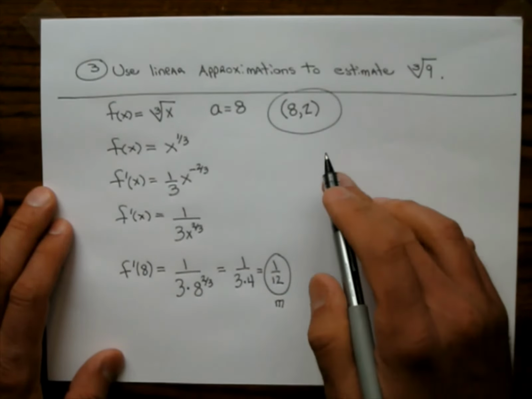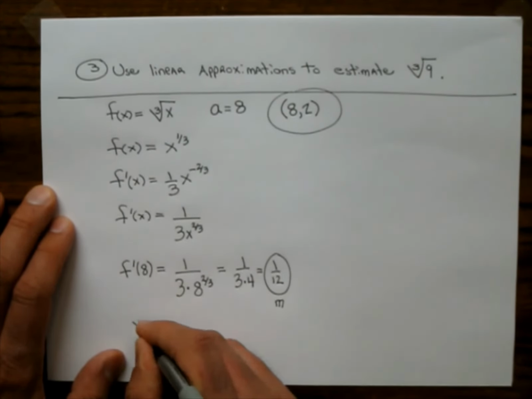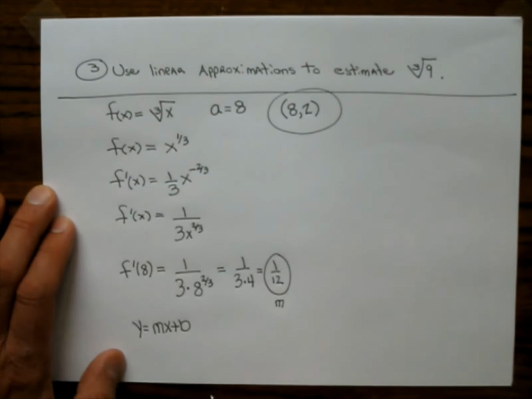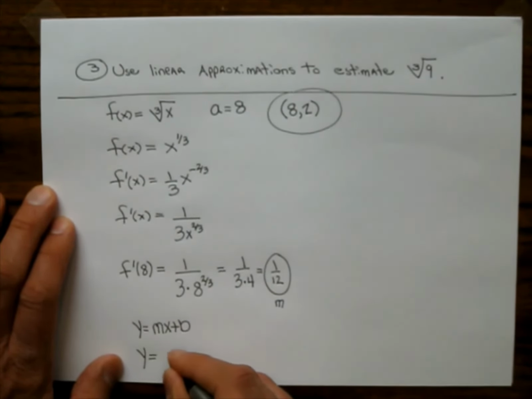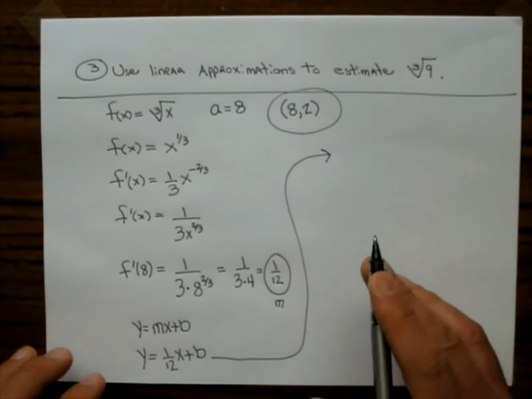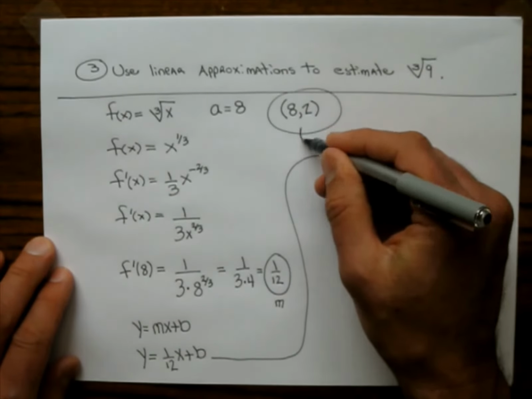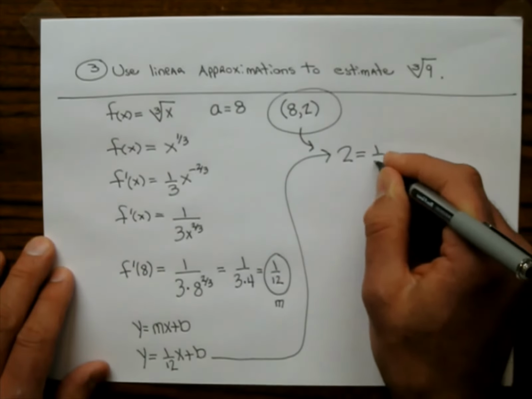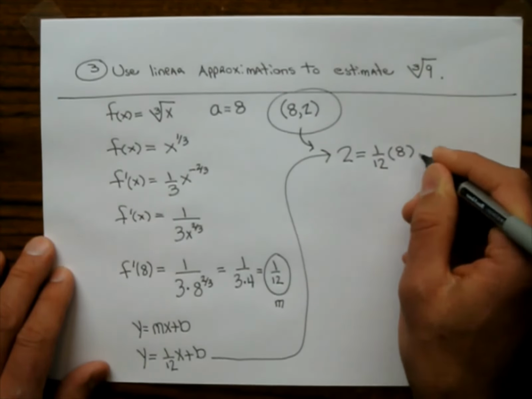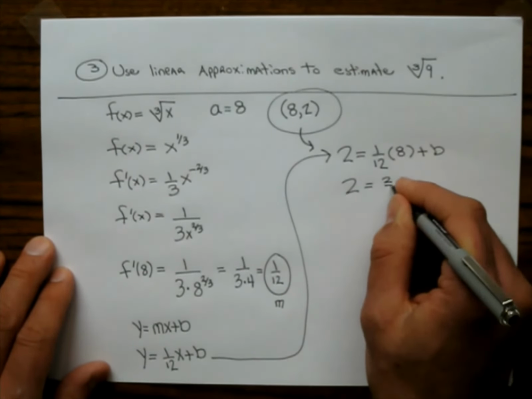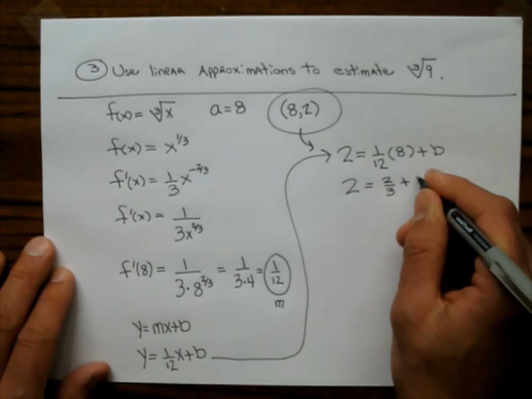So the next thing I'm going to do is I have a point and a slope. I'm going to write this down. y equals mx plus b, and I know what the m is, it's 1/12. y equals 1/12 x plus b. I'm going to plug the x and y value into that equation, and I end up getting 2 equals 1/12 times 8 plus b. 2 equals 8/12, which is 2/3, plus b.